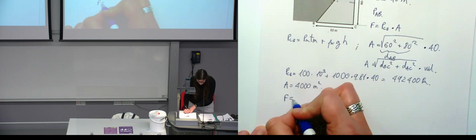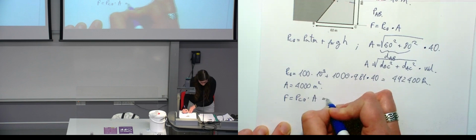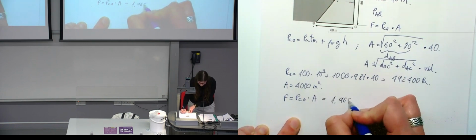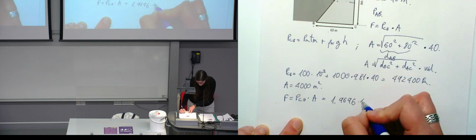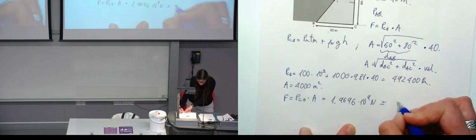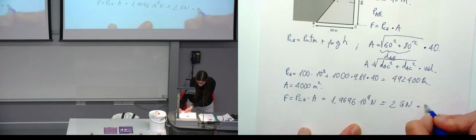Then F is the pressure at the center of gravity multiplied by the area. So it is 1.9696 times 10 to the 9 newtons, so more or less 2 giganewtons. This is the F.